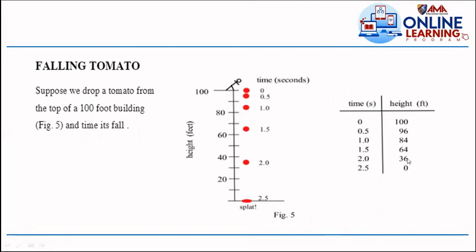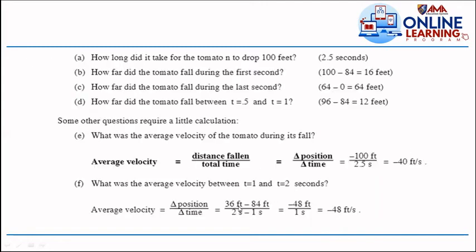At 2 seconds, we have 36. So 36 minus 84 over 2 minus 1. So negative 48 over 1, the answer is negative 48 feet per second. So it is fast there. From 1 second to 2 seconds, the average velocity is negative 48 feet per second.